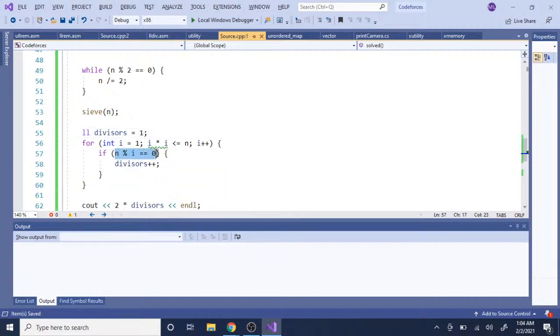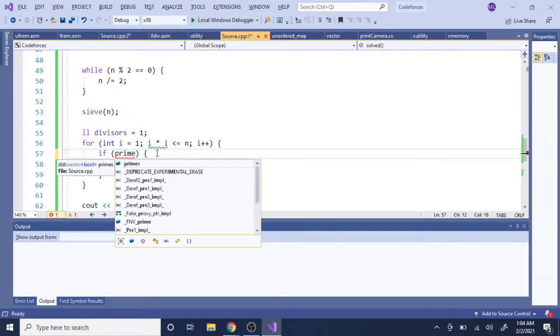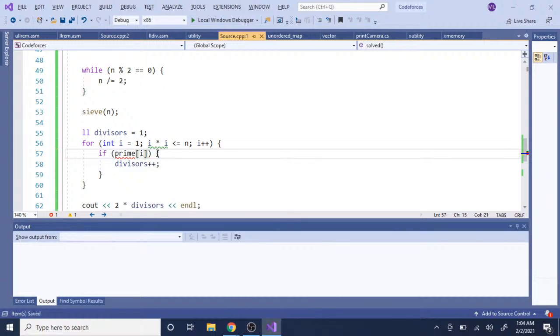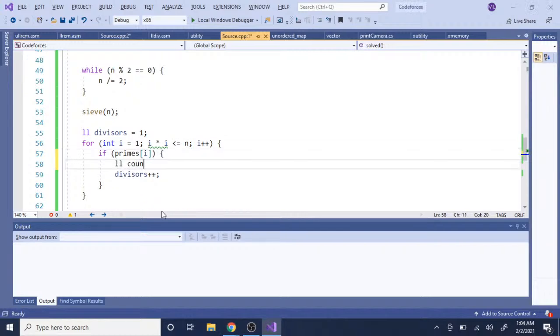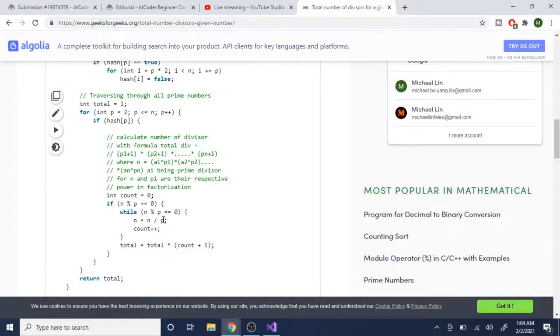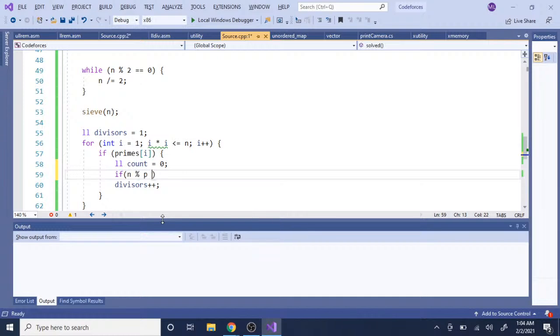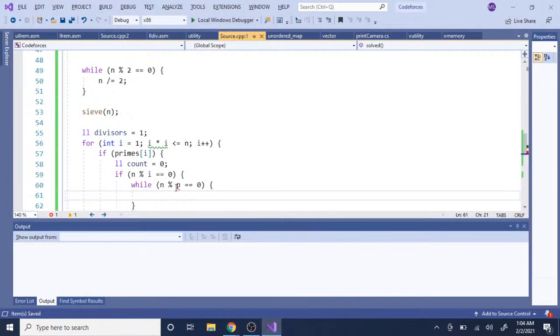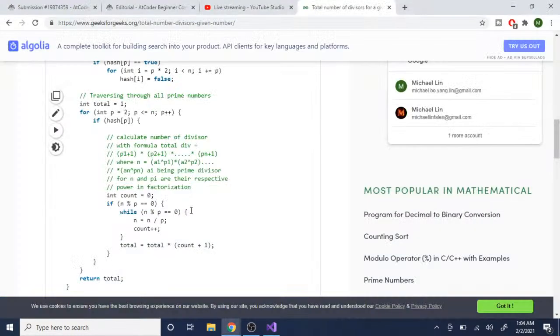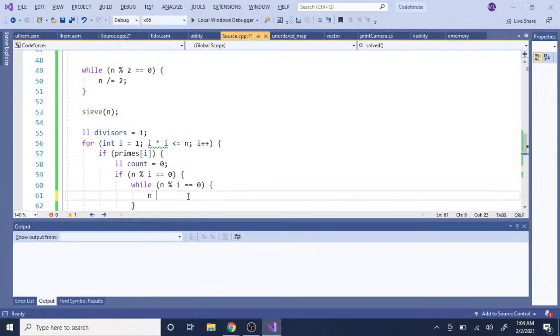If I is prime, I have a primes array. So if I is prime, what do they do? Count 0. If n is divisible by p. Wait, what's p? Oh, that's I. While n is divisible by p, divide by I, count plus plus.